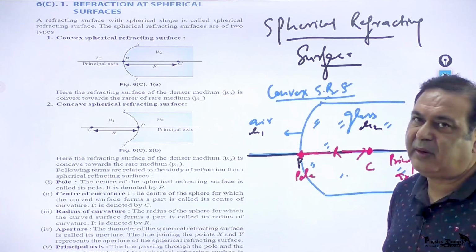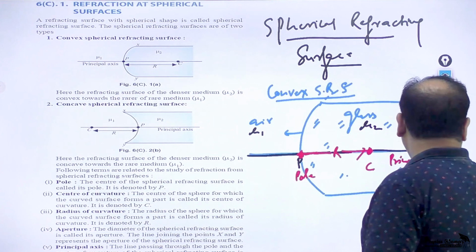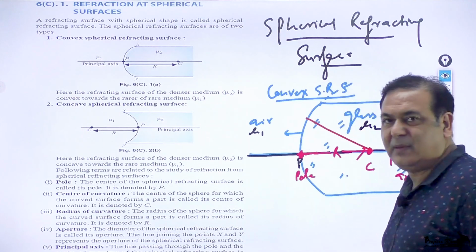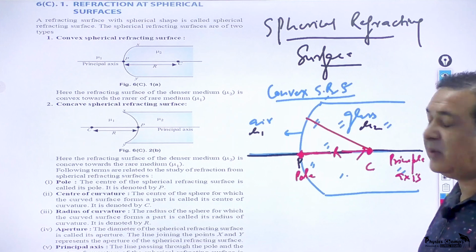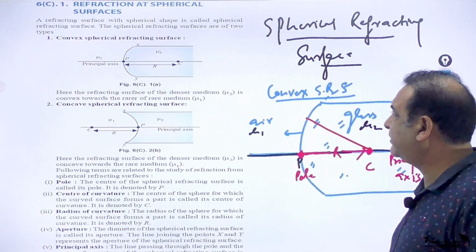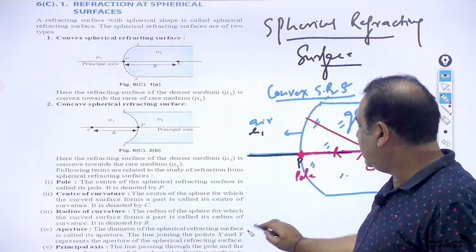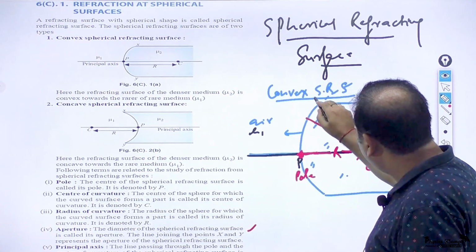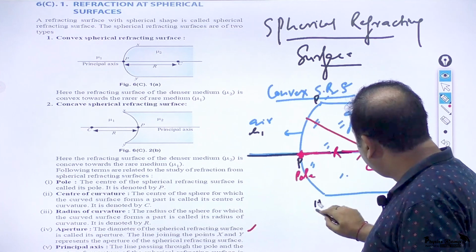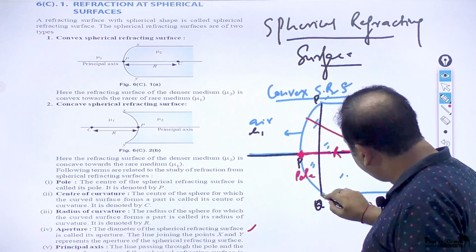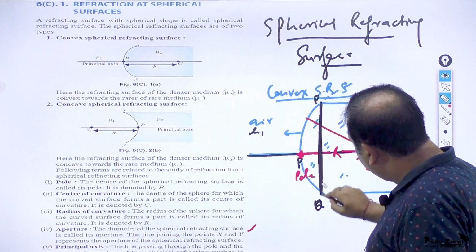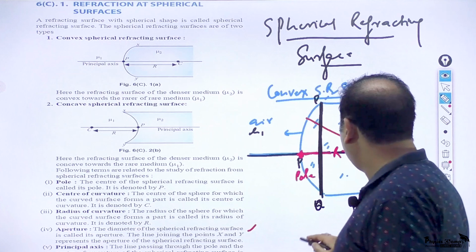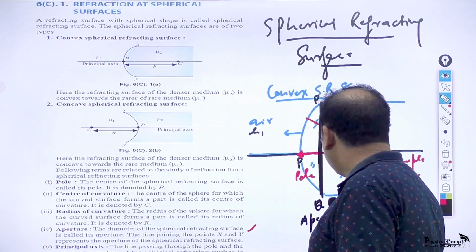And all the time, any line which you draw from center of curvature onto the surface is going to be normal, and it is going to have a value equal to the radius of curvature. And then we have a term called aperture. This shortest distance between the two edges P and Q, the shortest vertical length between the two edges of this convex refracting surface, will be called the aperture, PQ.